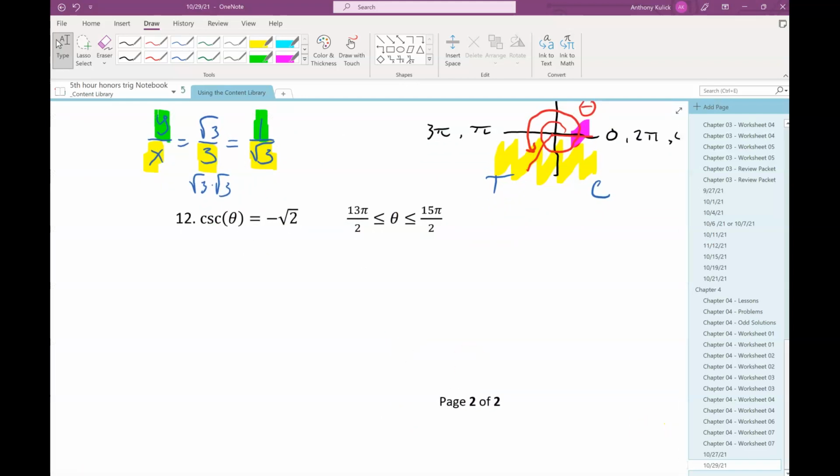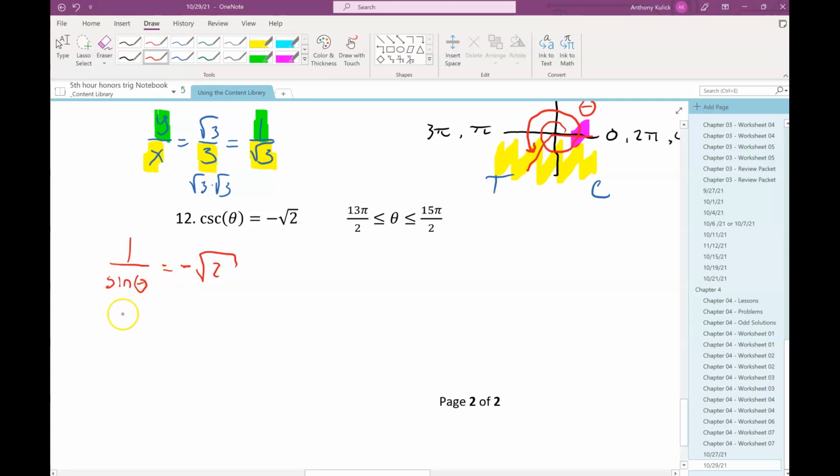Okay. So first thing I'm going to do is rewrite this cosecant so that I can use sine, cosine, or tangent. I remember that cosecant is the reciprocal of sine. So I can replace cosecant with 1 over sine.